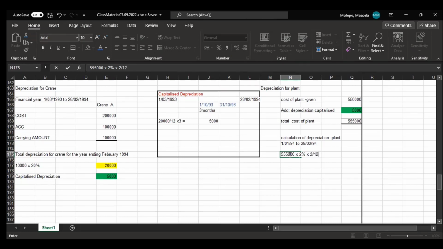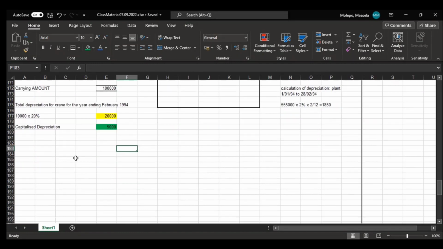Calculate for me, please. It's 1,850. All right. Then this will be the total depreciation for the plant, while on this side we have the total depreciation for the crane. Now we can start doing the journals.